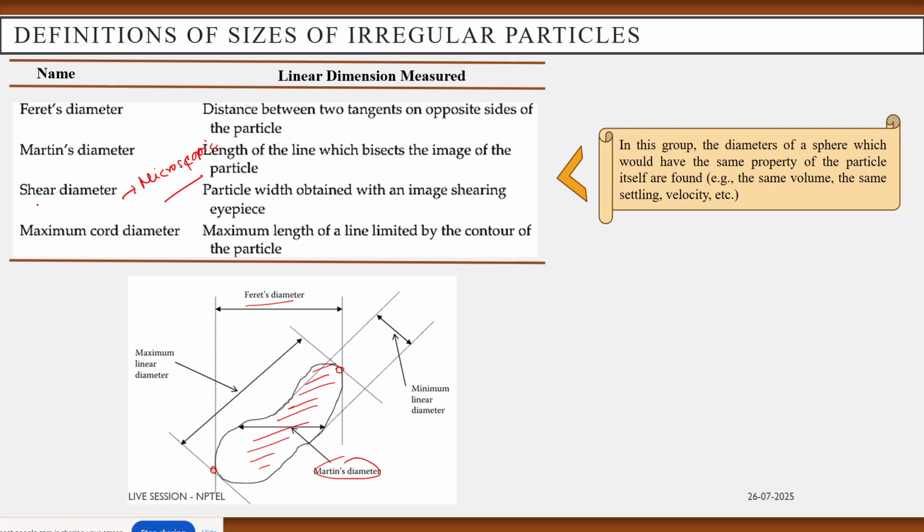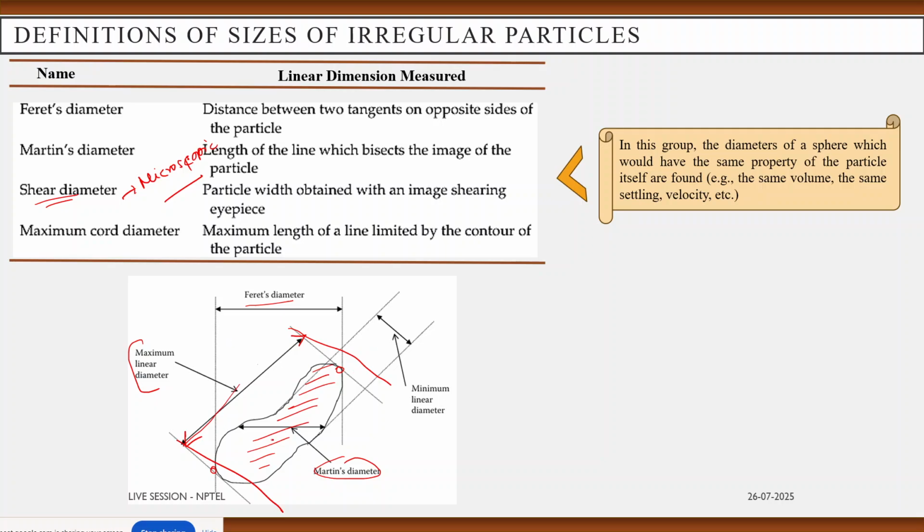So this is more of a microscopic study. The maximum chord diameter is the maximum length of a straight line across the particle, the maximum linear diameter. We take two opposite lines and calculate the distance between them.